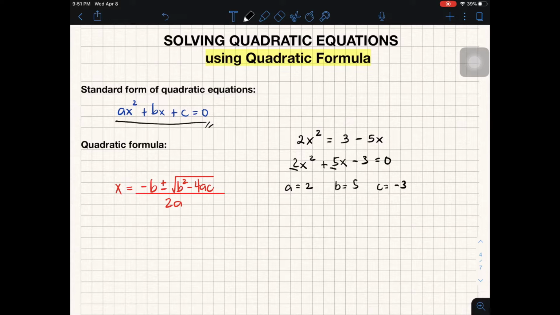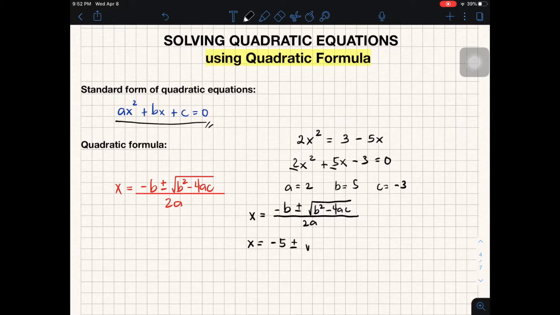So, kapag nakuha nyo na yung value ng a, b, and c, i-substitute nyo lang siya sa given formula. So again, copying natin to. We have x is equal to negative b positive negative square root of b squared minus 4ac over 2a. Ipalitan natin yung mga variables natin. We have x is equal to negative, kasi negative yan, and then yung 5 natin.